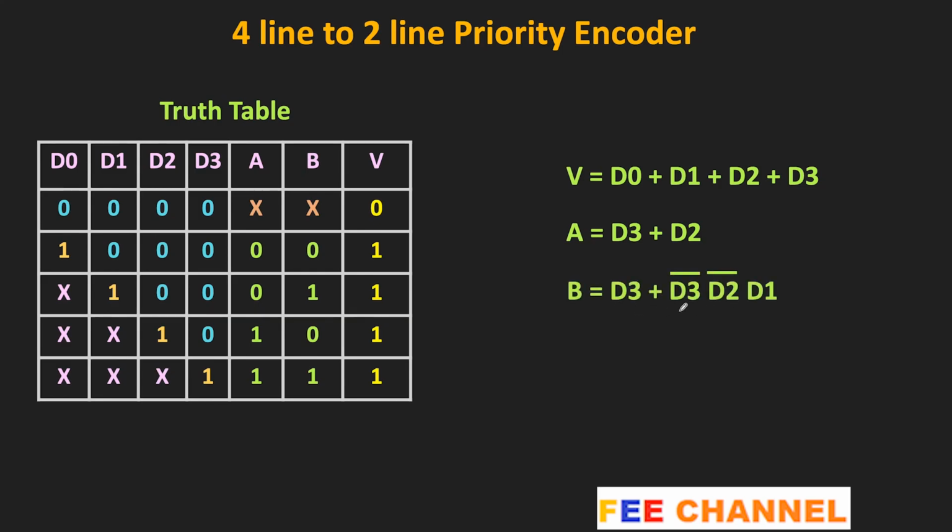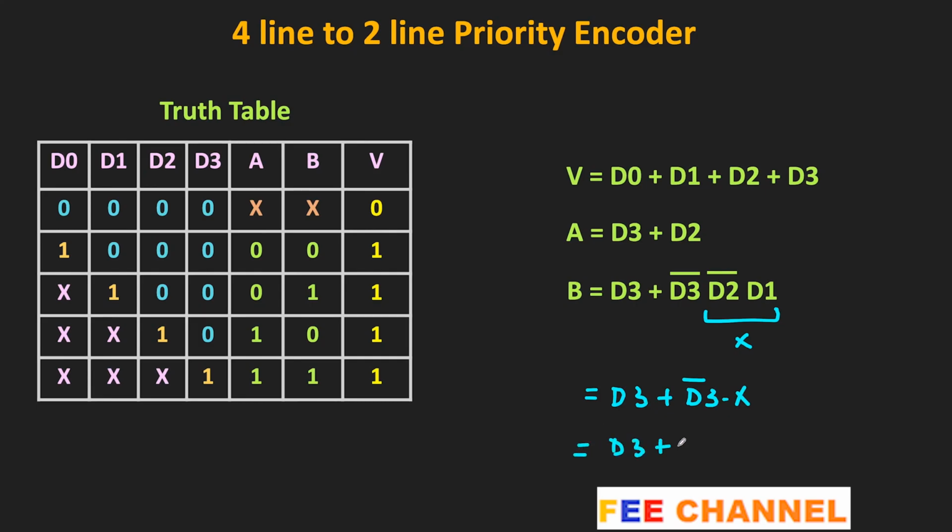Let's say D2 invert and D1 is equal to X. That means B is equal to D3 or D3 invert and X. And once again, using the distributive law, that is equal to D3 or X, which is equal to D3 or D2 invert and D1. So that is the simplified expression of B.